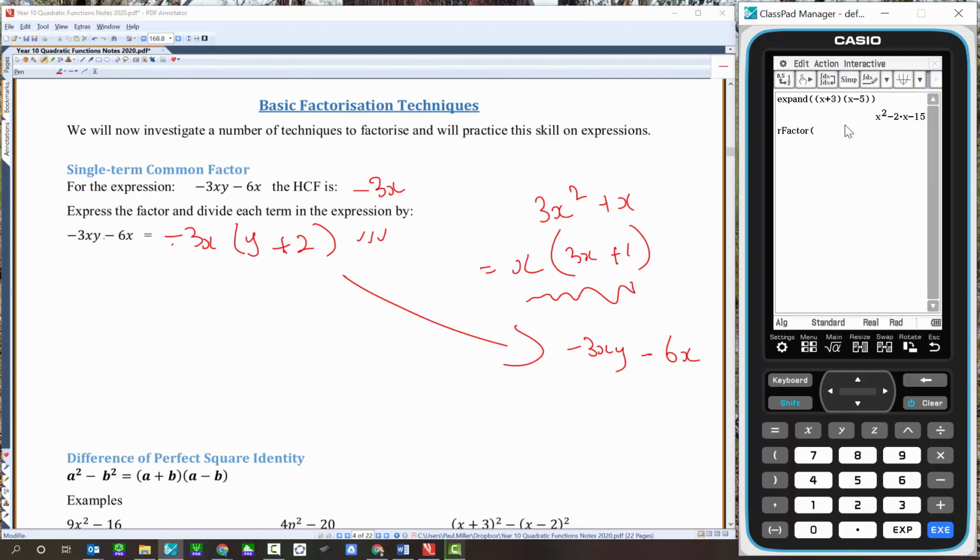Let's use our factor and see what that does. Negative 3xy take 6x. And there we go, it's yanked out negative 3x, y plus 2. So again, note that the calculator also pulls out the negative. That's an important step there.